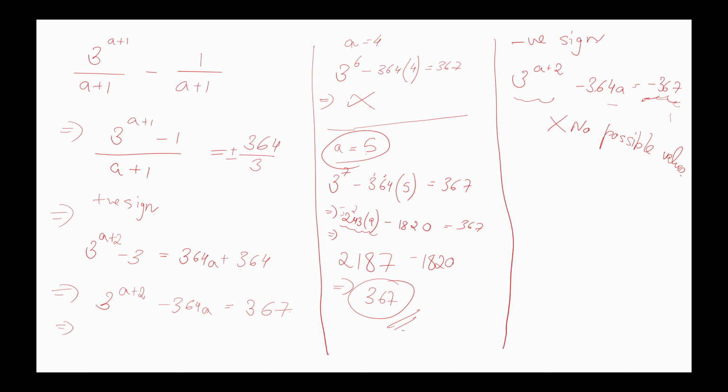Based on the value that you would get from the first, you could have identified the next value to choose for hit and trial. I got it in the second chance only, you could have gotten it in 3 or 4 chances. So again, it is not a very difficult equation to solve. At maximum, I guess 4 chances you would have gotten the answer. And then we checked the entire question for the negative sign as well. For it, no values of a were possible, so that is how we got our answer.